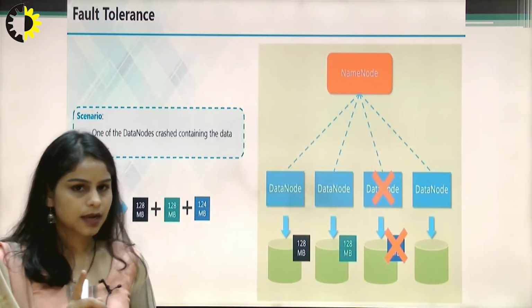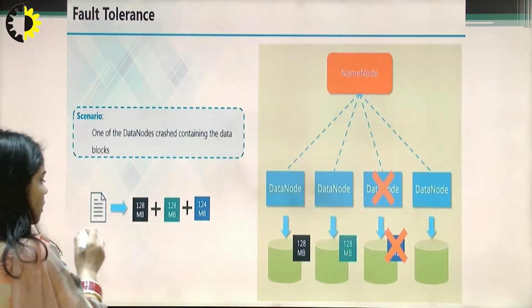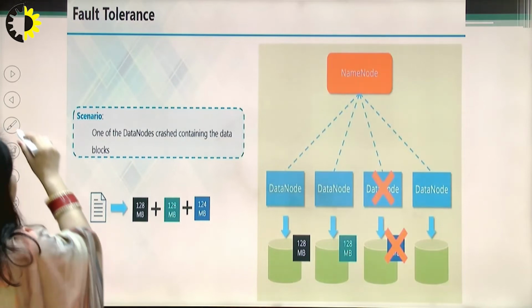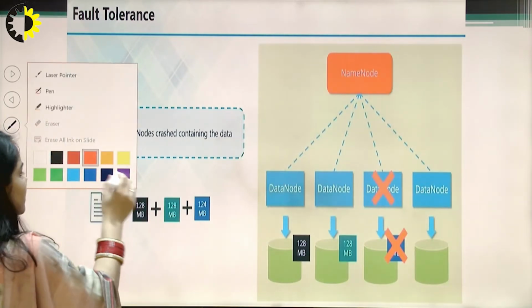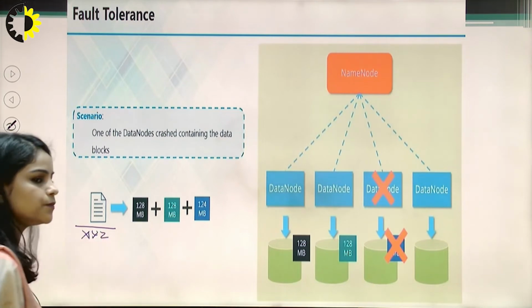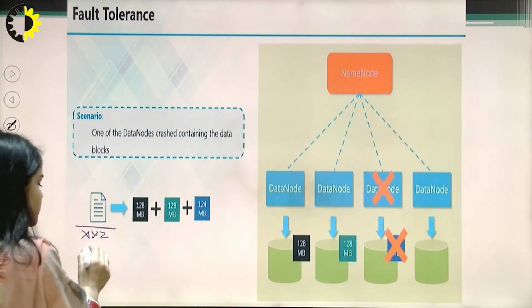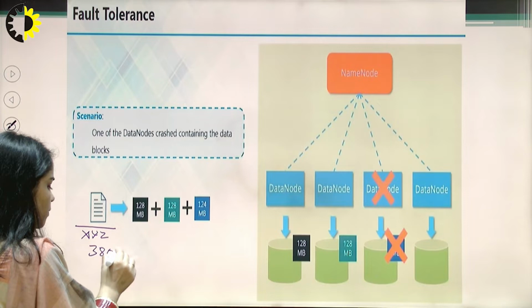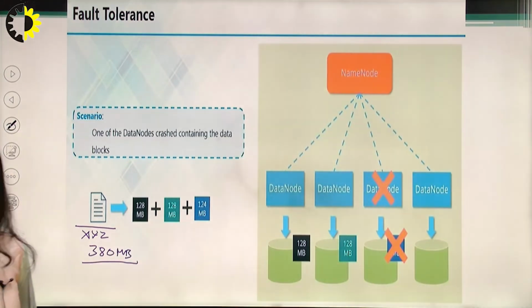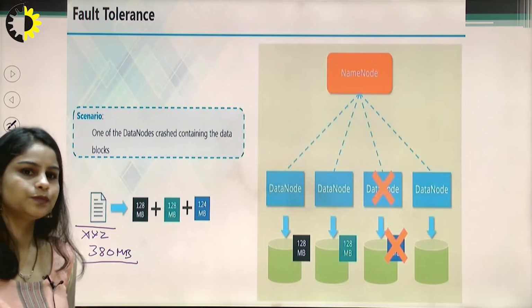We already know that if there is a file of any size, let's say a file XYZ, and the size is, let's say, 380 MB. What will happen here?